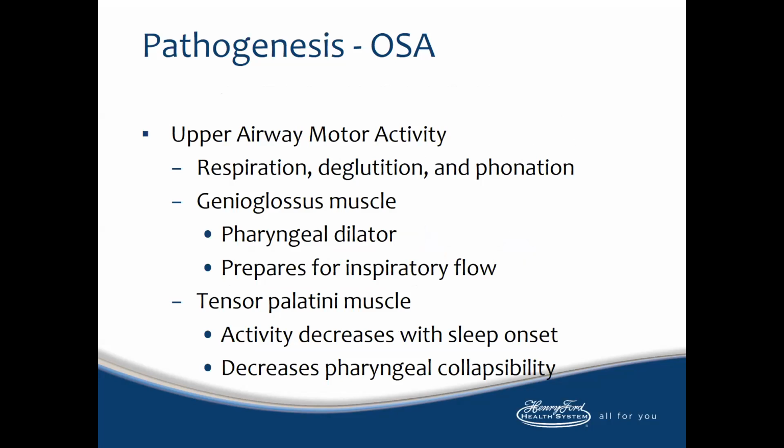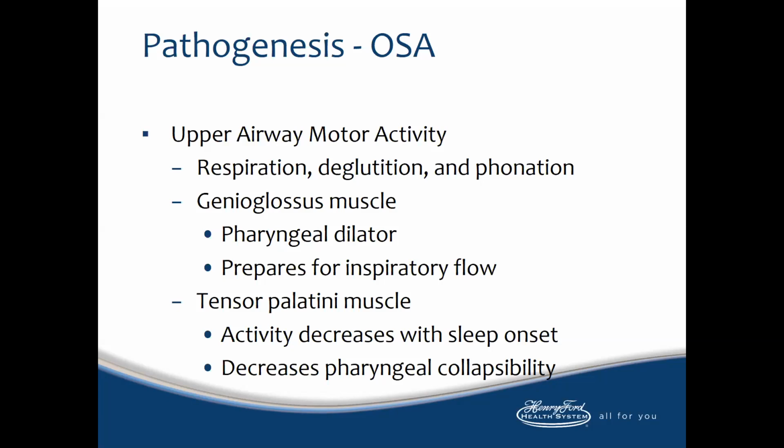All right, so the upper airway motor activity. Your upper airway is responsible for respiration, eating, and also speaking. The two main muscles that are related to sleep apnea are the genioglossus muscle and the tensor palatini muscle. Might have been a while since you've done this portion of your anatomy. To describe what they do, the genioglossus muscle is a pharyngeal dilator.